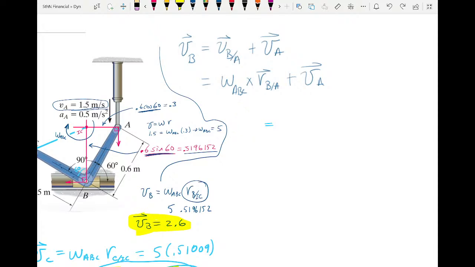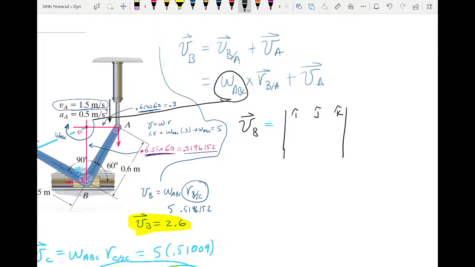We end up with the velocity of B equaling to I, J, and K. Currently, we do not know this.